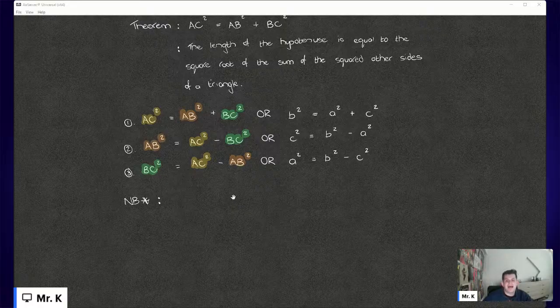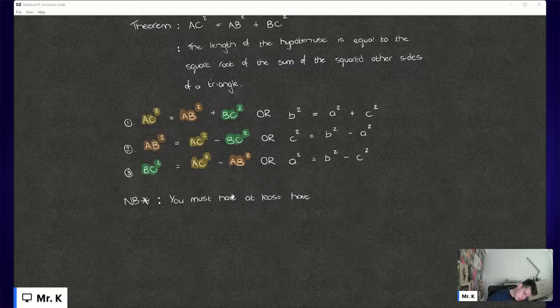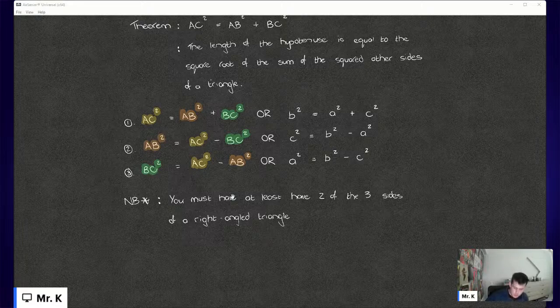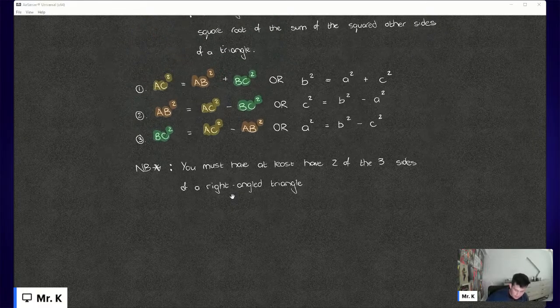You must have at least two of the three sides of a right angled triangle to use the theorem of Pythagoras.